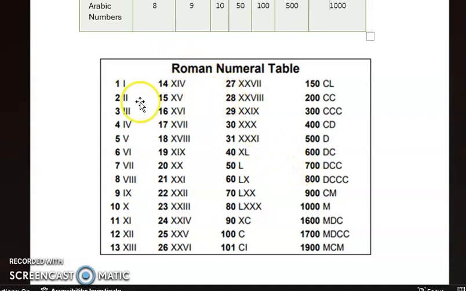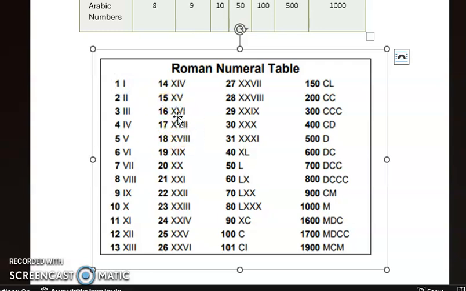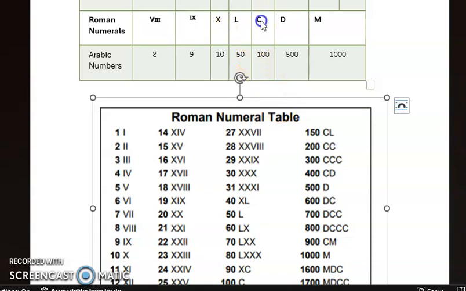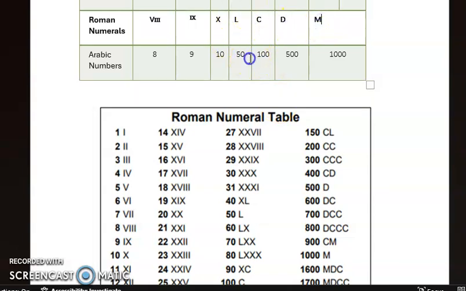This is a chart summarizing common numbers that we normally use in Roman numeral. Going from the top, we can see 16, XVI, 28, XXVIII. XX means 10 plus 10, that's 20, and V means 5, and the 3 Roman numeral letter I means 3. So 20 plus V, which is 5, plus 3 gives you 28. Again, L, C, D, M means 50, 100, 500, and 1,000.